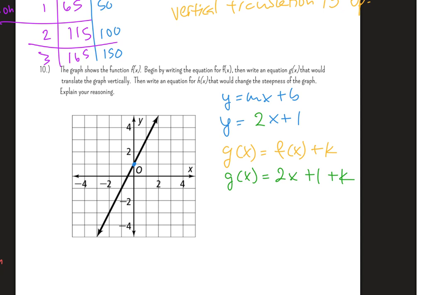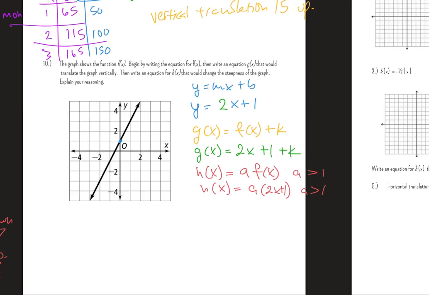Explain your reasoning. So h of x could also be a times f of x, where a is greater than 1. Or again, we could do this, h of x equals a times 2x plus 1, where again, a has to be greater than 1.